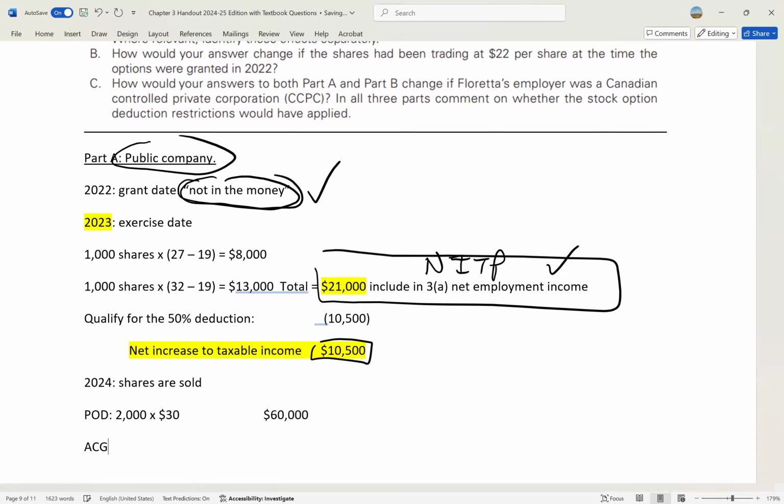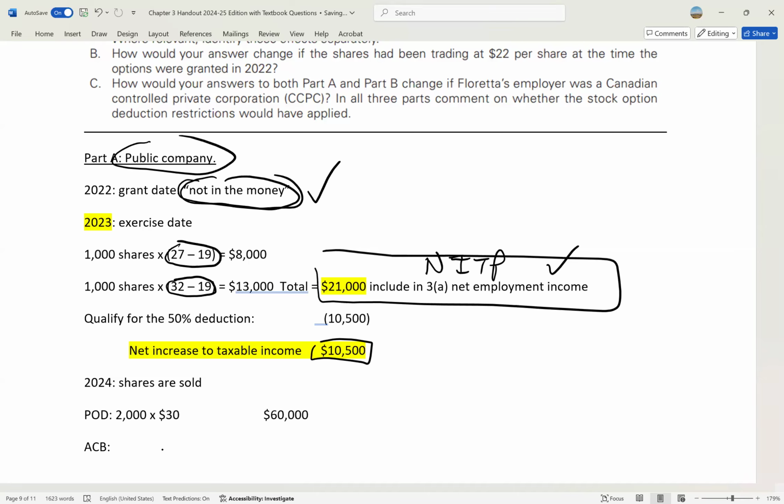And then we minus the adjusted cost base. Now, this is sort of where we have to figure out what was the fair market value on the exercise date. Because remember, she had to include this difference of $8 and this difference of $13 when she was calculating her net employment income.